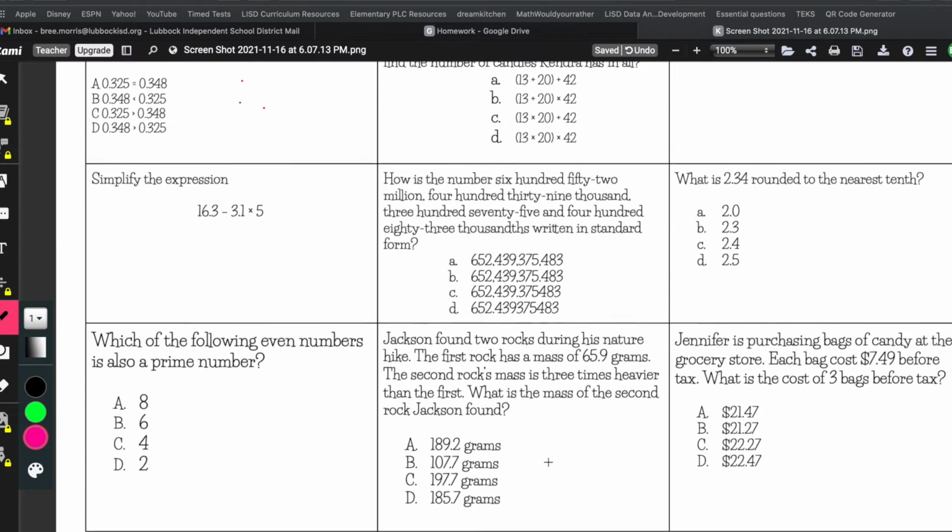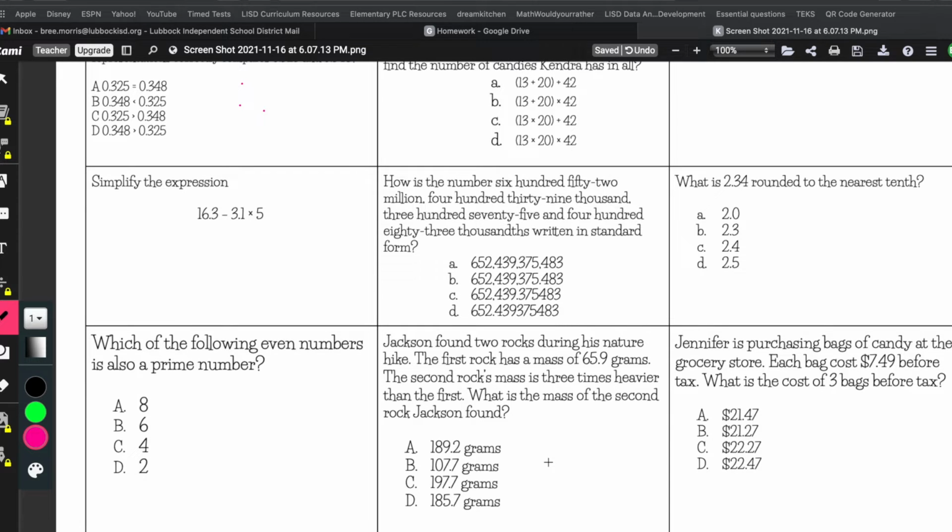Okay. Next one. Jackson found 2 rocks during his nature hike. The first rock had a mass of 65 and 9/10 grams. The second rock has a mass, listen, 3 times heavier than the first. What is the mass of the second rock he found? 3 times.